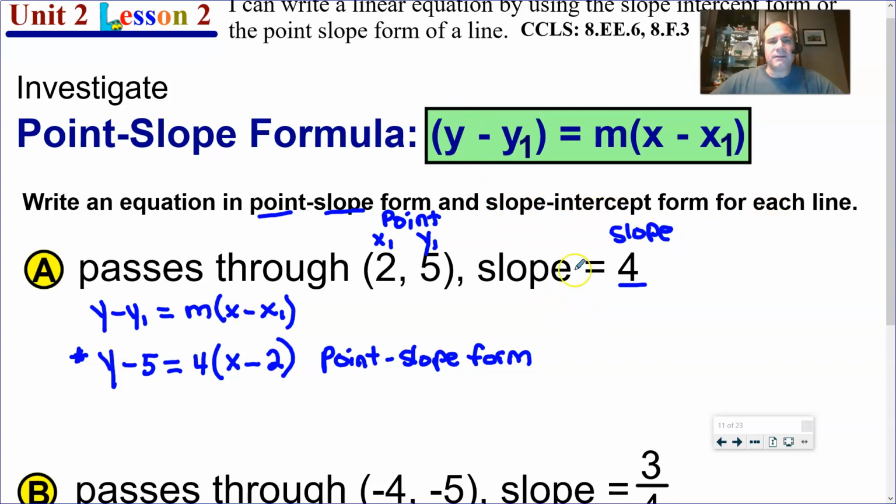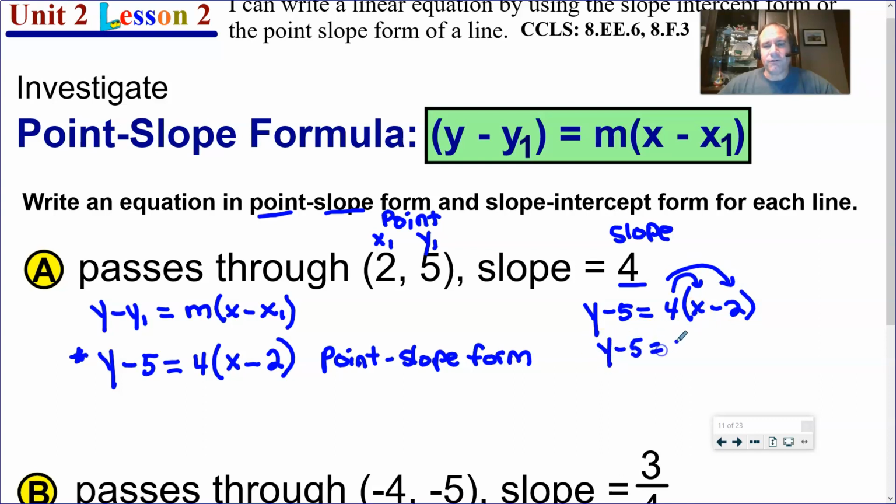So I'm going to rewrite it over here. y minus 5 equals 4 times x minus 2. To get it into slope intercept form, you have to solve for y. We know how to do that. We're going to distribute. We did it in the prior questions. y minus 5 equals 4x minus 8.